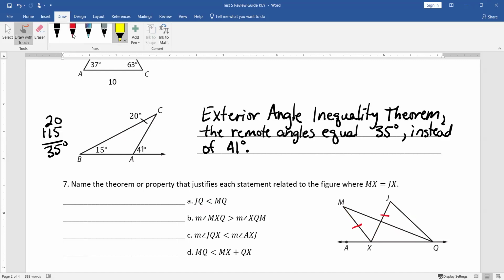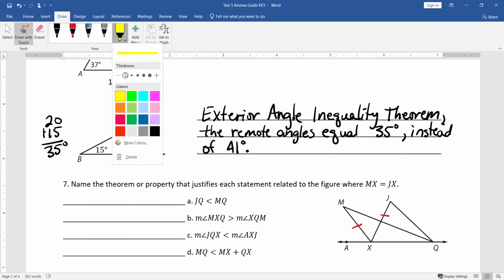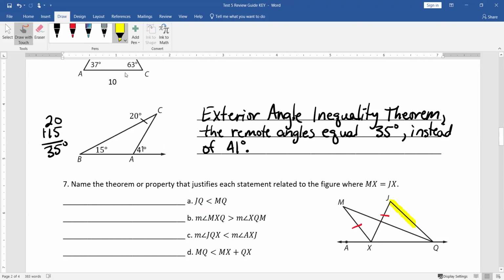Let me get my highlighter here. They're telling me in this first one that JQ has to be shorter than MQ. So the triangle that contains JQ is this one here.